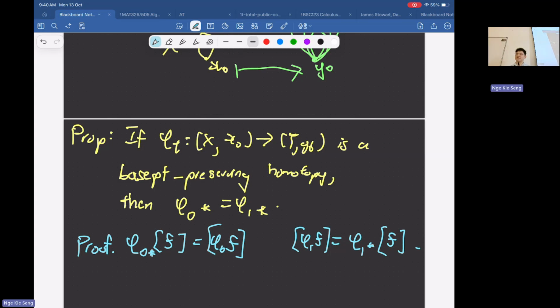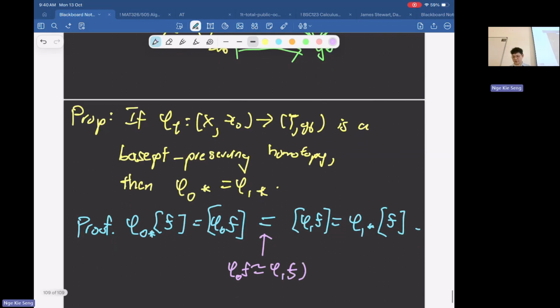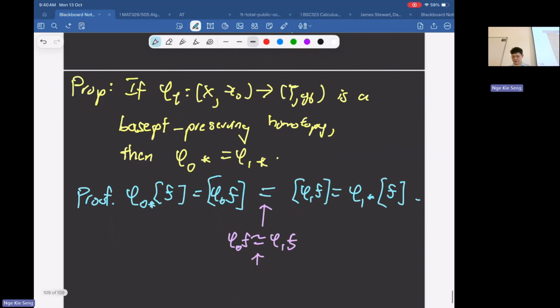What's the middle? These two are the same loop. Why? Because you have a homotopy between them. What's the homotopy? It's exactly phi t. Phi t is a homotopy. Makes sense? Okay, so far so good.